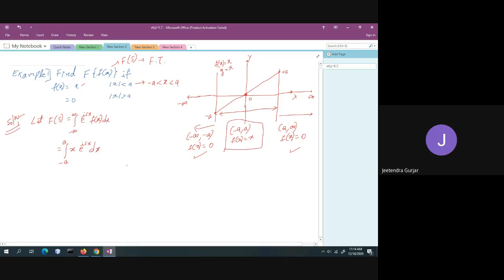Have you understood, or shall I explain once again? Yes, students. Is it clear? Directly, sir, you have taken. Okay, so there is no need of showing again that this is 0, this is 0, and then taking this. Directly you write it down now. Whenever you take the Fourier transformation formula, don't integrate directly.